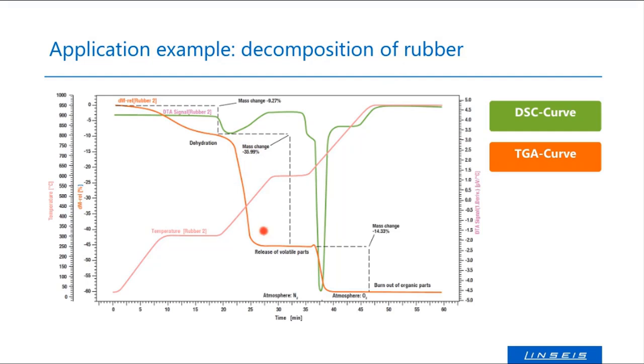Finally, when this effect was over, so mass was again stable and the DSC signal was baseline again, the atmosphere was switched from nitrogen to oxygen, and switching to oxygen means now everything that can burn can now burn off.